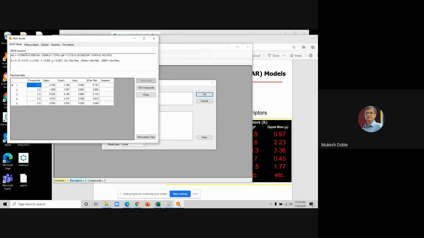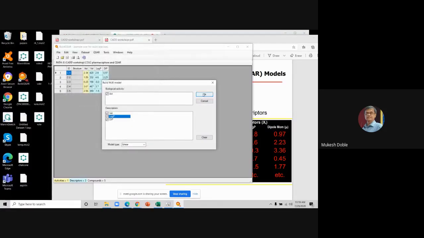So this equation, activity is equal to something into volume plus something into log P plus something into dipole, like that. If you had more data points, then this equation would make sense. But with a small number of data points, I would not go for this.